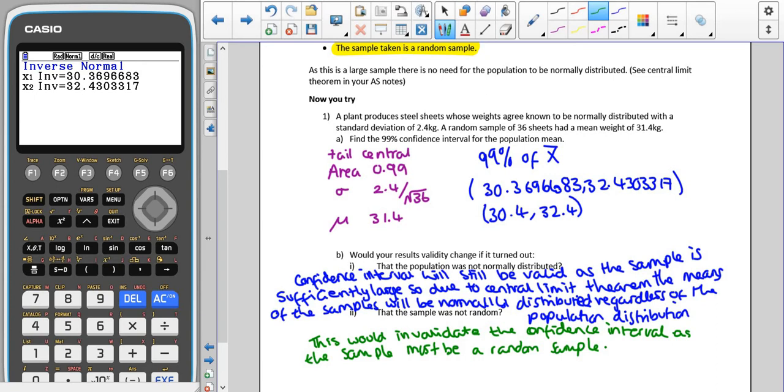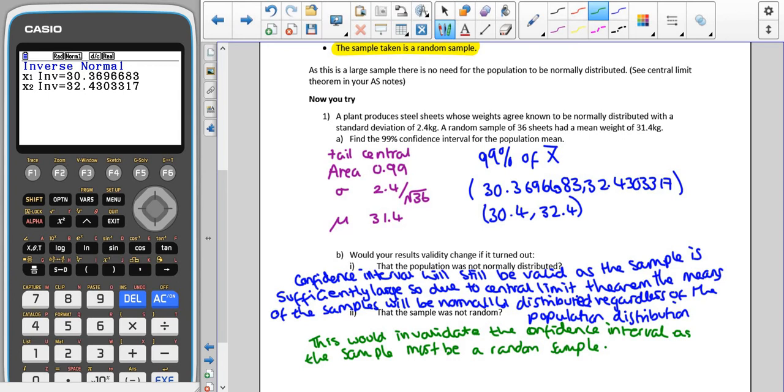Then in part B, we're asked, would the result be valid if it turned out that the population was not normally distributed? Well, because we have our large sample there, the confidence interval will still be valid as the sample is sufficiently large. So due to central limit theorem, the means of the samples will be normally distributed regardless of the population distribution. And that is the ideal answer that you will give when you're being asked this question.